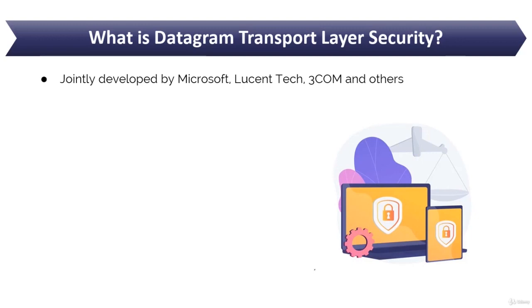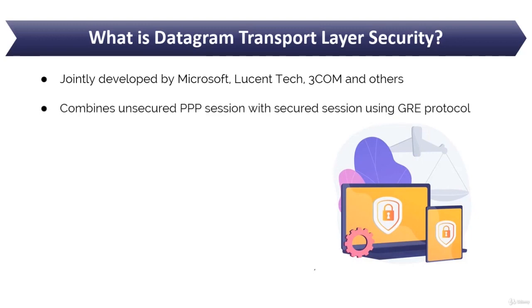This protocol was jointly developed by Microsoft, Lucent Technologies, 3Com, and many other companies. It's not actually sanctioned by the IETF, but that doesn't mean it doesn't work. PPTP works by combining an unsecured Point-to-Point Protocol, that is a PPP session, with a second secured session using the Generic Routing Encapsulation protocol, that is the GRE protocol.